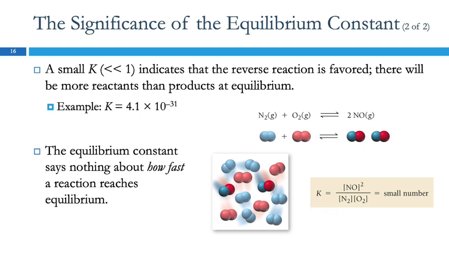So a small equilibrium constant will favor the reactants. So looking at this at equilibrium, we see that there's mostly reactants here and only a little bit of product.